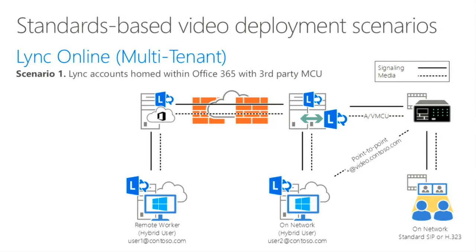Lync Online split domain requires that if a user is homed online, they would share the same SIP domain as someone who was on-prem. If we start routing video in another direction, then it breaks that integration. So you must make sure in this type of scenario you configure a separate route on your Lync server. So, for example, video.domain.com versus just domain.com.